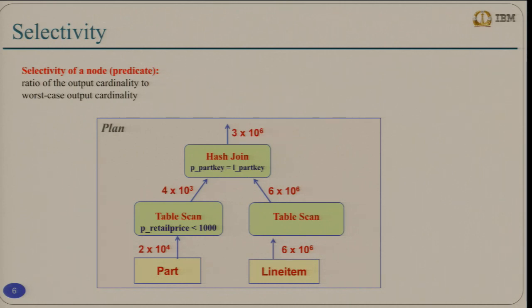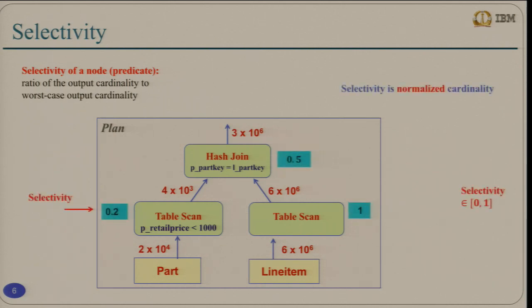For example, in the join operation, it can potentially produce an output which is the size of the relation on the right hand side, but it has only produced half of that. In that case, the selectivity of that operator is said to be half.